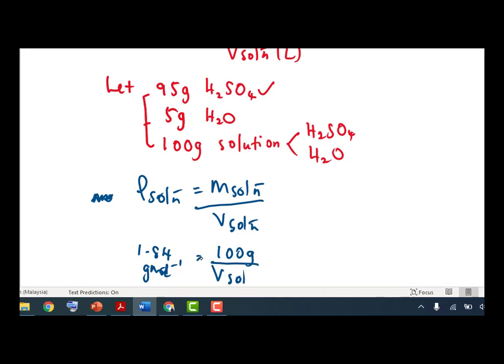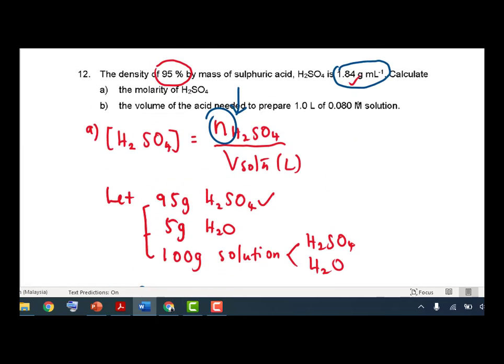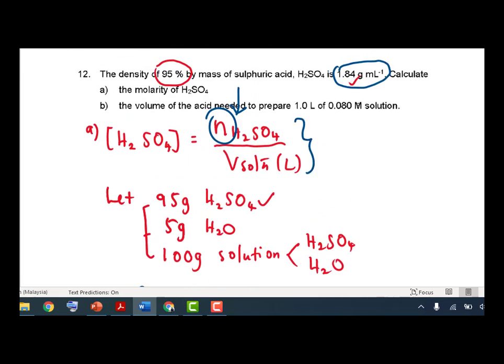Then of course you can calculate the volume of solution in ml, cancelling off gram. Then convert into liter, then insert it in the formula here. The answer for question 12A is 17.82 molar.